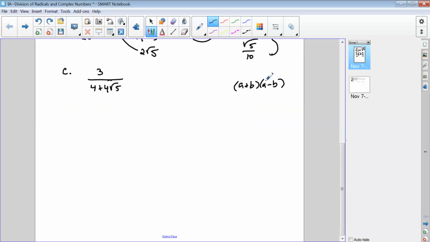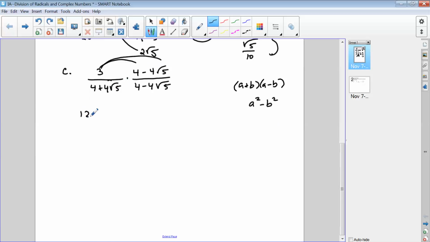Remember it's the difference of squares result: if I multiply this out, I end up losing the middle term, so I'm left with a squared minus b squared. So I'm going to multiply by 4 minus 4 times the square root of 5, and multiply like I know how.